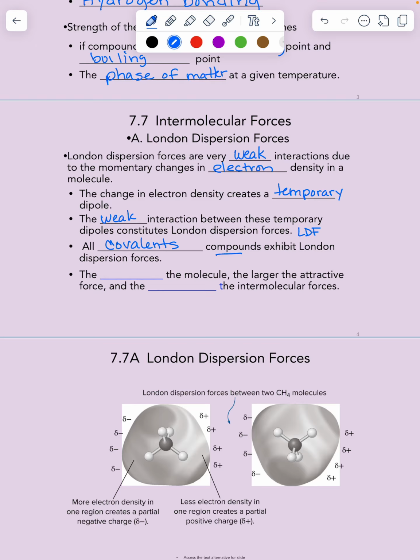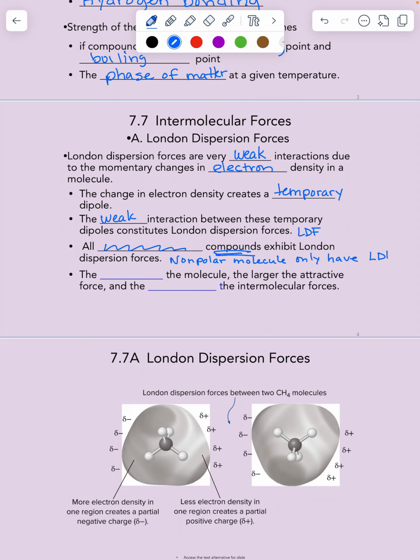So let's just change that. That is not even right. All compounds. So no need for this blank here. All compounds exhibit London dispersion forces. We could add a little note here. Non-polar molecules only have LDF.